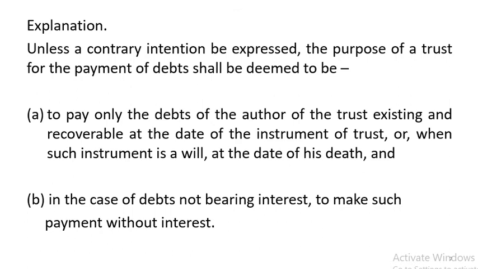When such instrument is a will, then we must see the date of death, because a last will comes into effect on the date of death of the person who has executed it. Then finally, in the case of debts not bearing interest, to make such payment without interest.